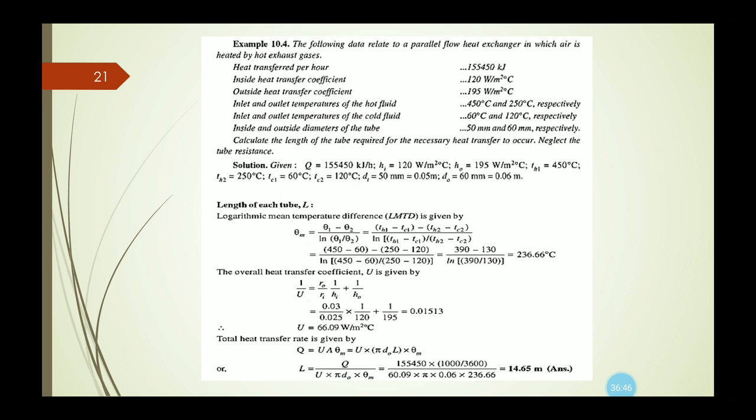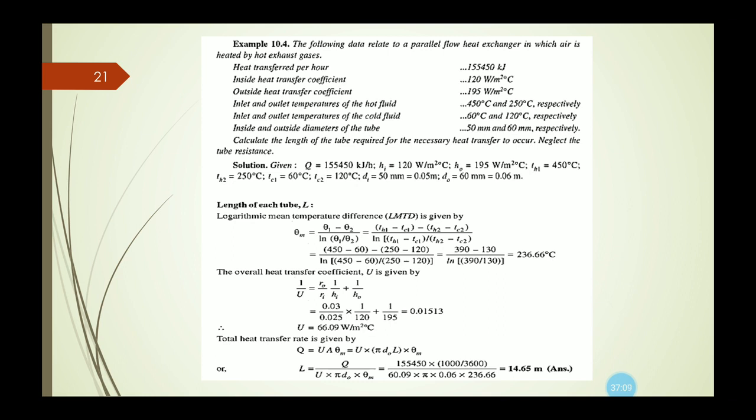So let us first write what is given in this question. The first is Q, the heat transferred per hour. Then Hi is given as 120, and Ho is 195.